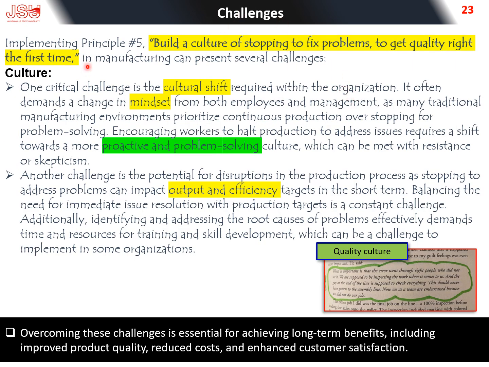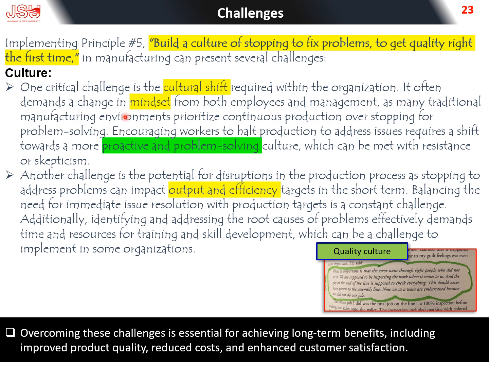Challenges. Implementing Principle 5, build a culture of stopping to fix problems to get quality right the first time, in manufacturing can present several challenges. For culture, one critical challenge is the cultural shift required within the organization.